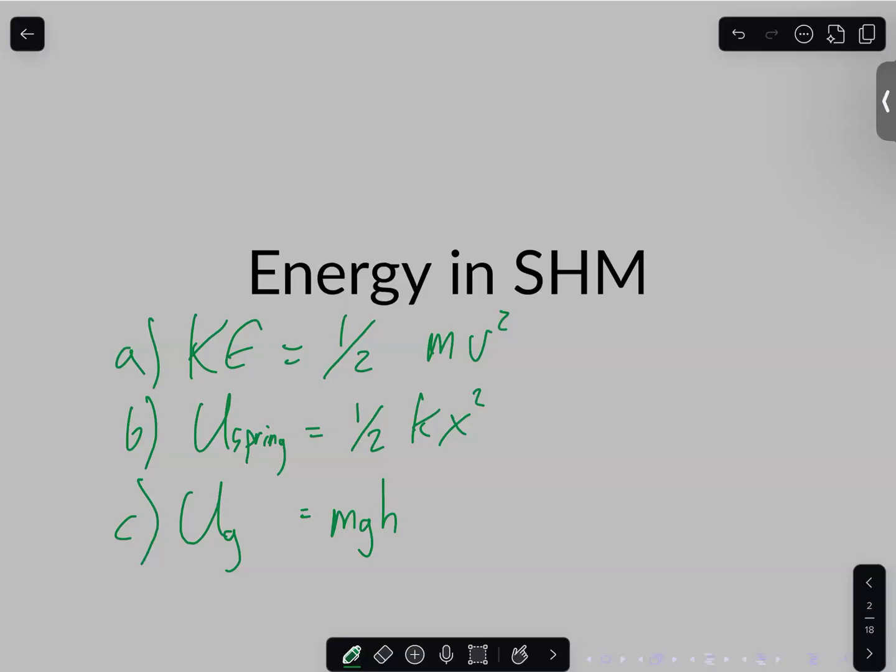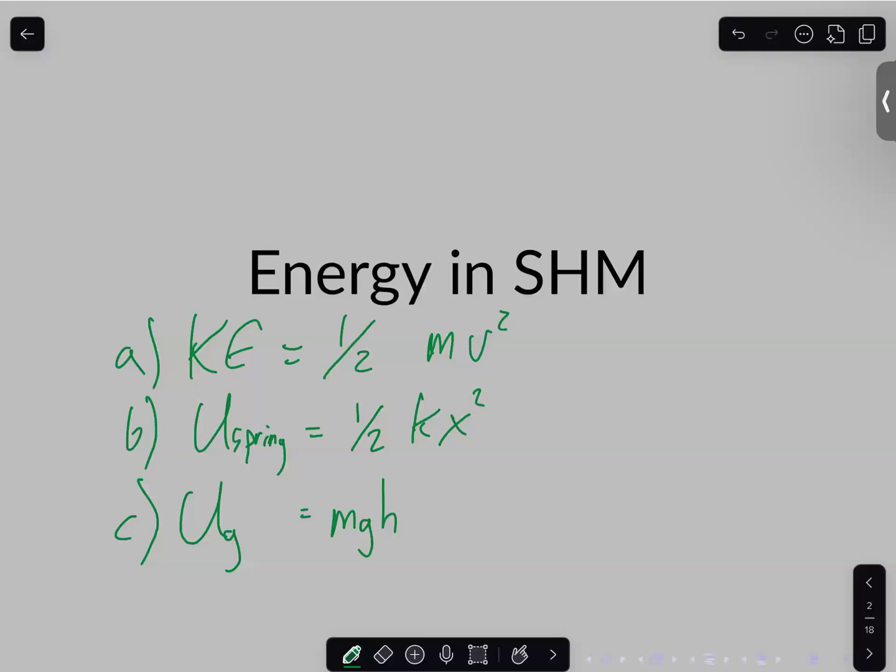We're not going to have things that do work on external things. You can analyze that, and the math gets gross. No external forces other than the spring force and gravitational force. So energy is just going to slosh between these forms. No transfer, no work, only transformation. So the law of energy is that the change in total energy is zero.